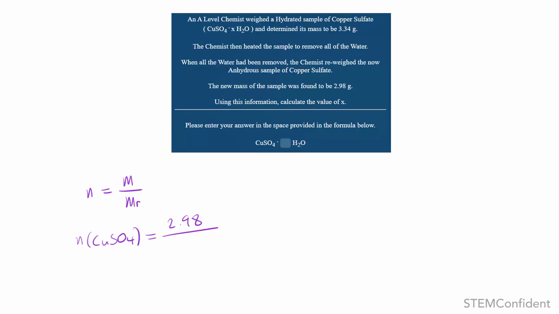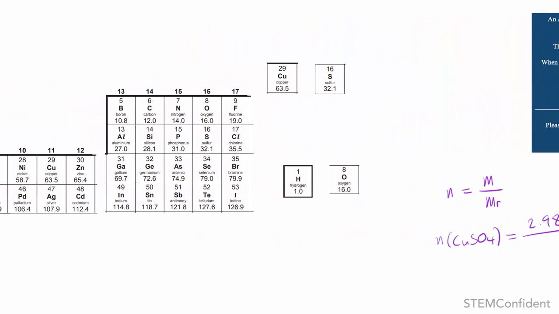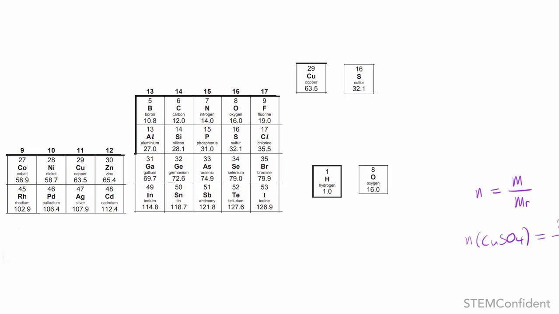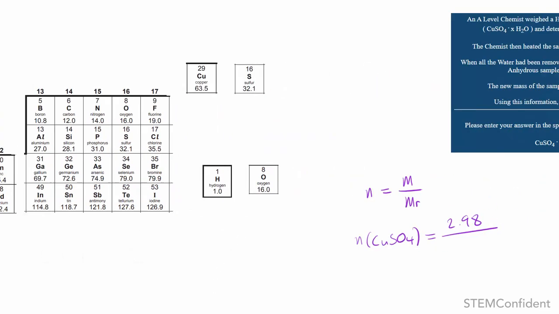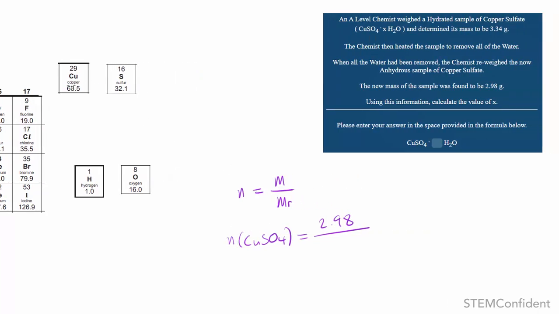So let's refer to the periodic table. For CuSO₄, we're going to need copper, sulfur, oxygen. So that's effectively 63.5 for the Cu, plus 32.1 for the S, and O4 is plus 16 times 4.